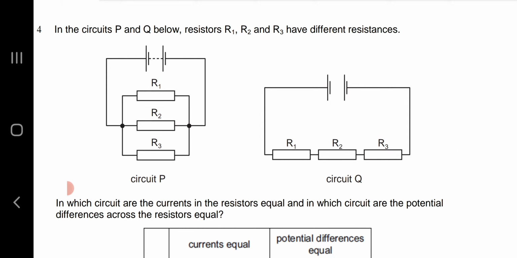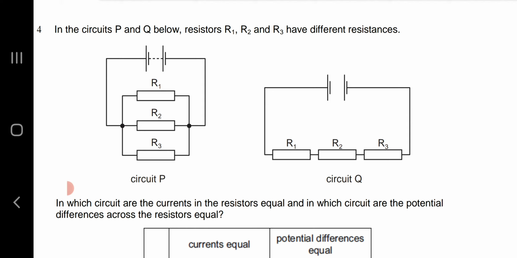Question number 4. In the circuits P and Q below, resistors R1, R2 and R3 have different resistances. In which circuit are the currents in the resistors equal? And in which circuit are the potential differences across the resistors equal? All the resistors have different resistances. The current is the same in a series combination.